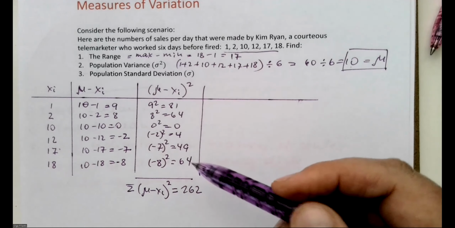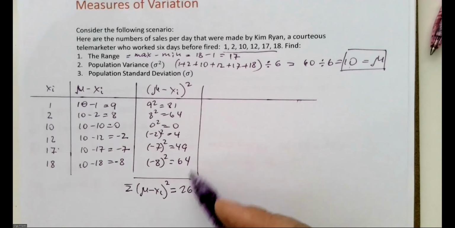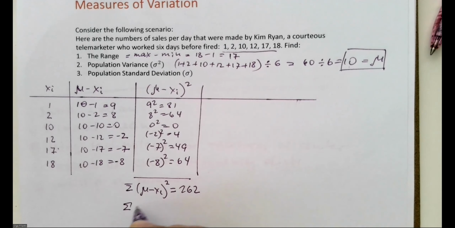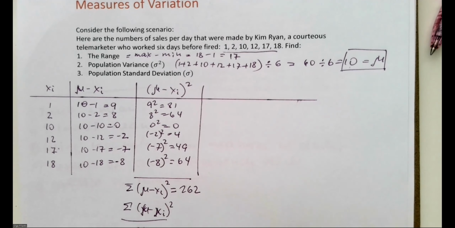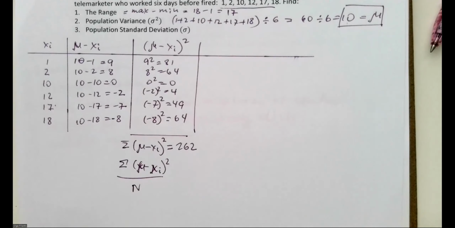But then in order to find the average, we divide by the total number of values, which in our case is 6.